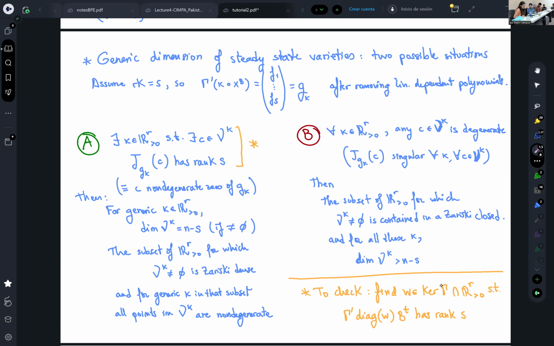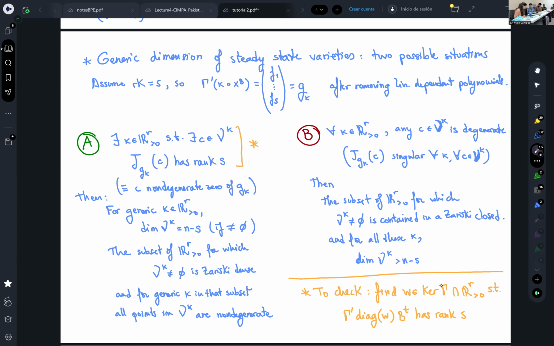It's contained in a Zariski closed subset of R to the R. And for all of these cases, the dimension of the steady state variety is larger than expected. And this actually means that all of the points are degenerate again, right? So these are the two possible situations.